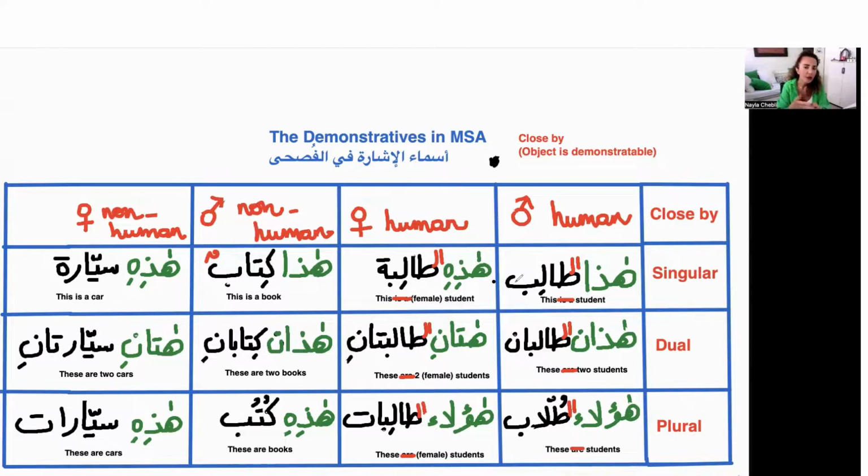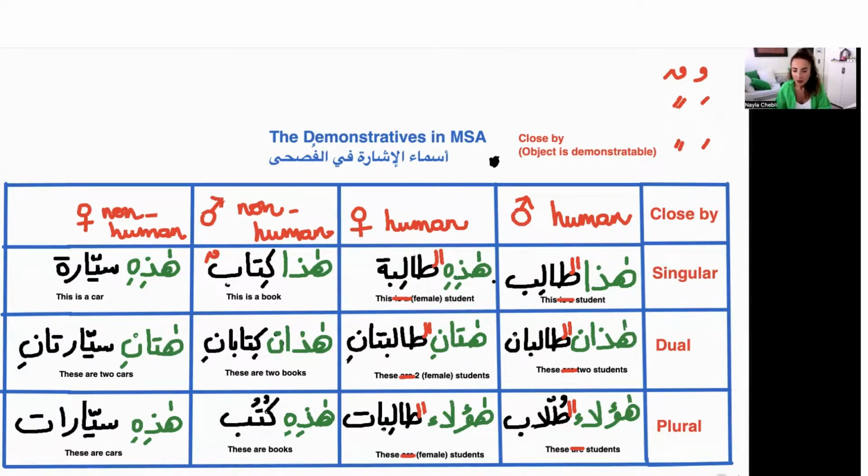And if it's after a preposition, it would be jar, the genitive, and it would end with a kasra. Reminder: the sign of the nominative is the dhamma or the tanween. The accusative, nasb, is a fatha or double fatha tanween. And the sign of the jar, the genitive, is the kasra or the double kasra for the tanween. But this is another subject.